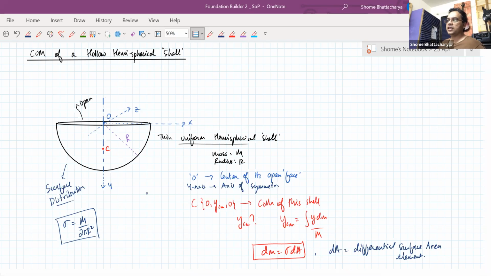Like we had done for the solid hemisphere last time, we should slice it with a plane parallel to the exit plane. Okay. But only thing is when we slice it this time, we will not be getting discs, because it's hollow from inside. Instead, we'll be getting rings. So the differential element we'll be taking is thin rings that we will slice using a plane which is parallel to the exit plane.